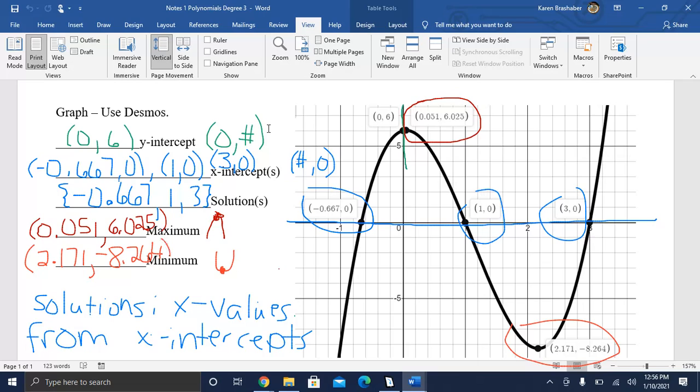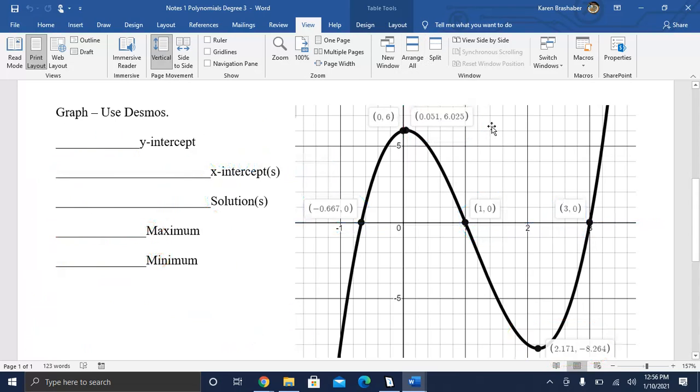And so this is the analysis that we will want you to do. So you can refer back to this video to see what the different pieces are. Remembering that your leading coefficient will tell you what it does on the ends, on the left end and on the right end.